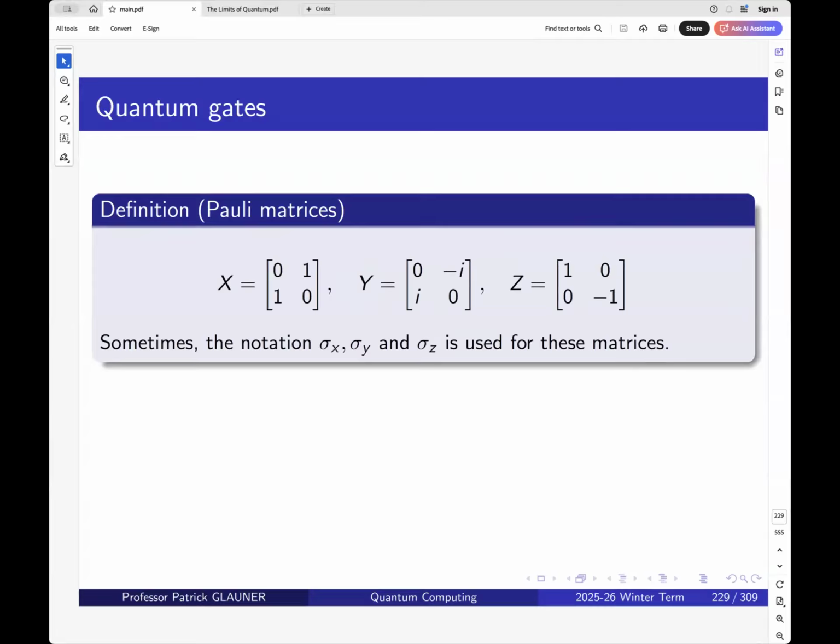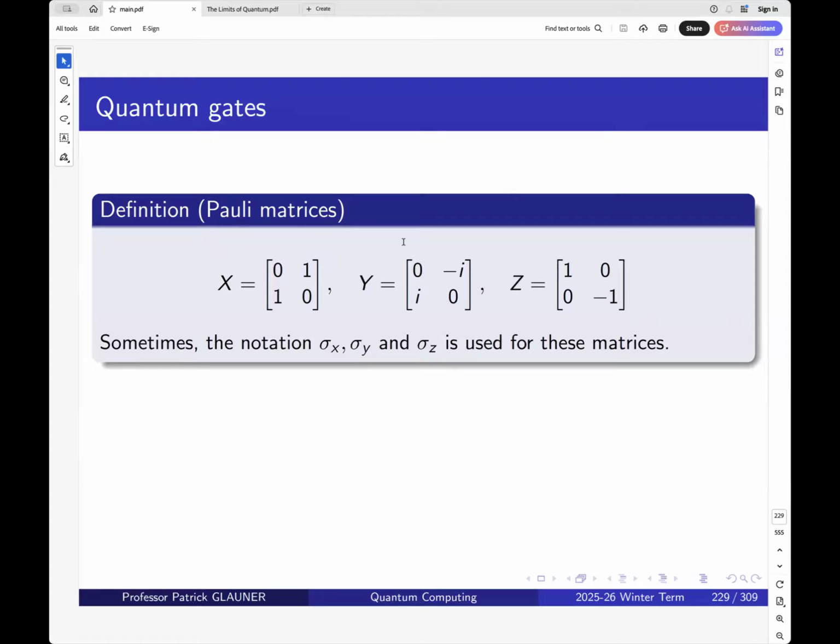You would have an algorithm that is composed of some of these quantum gates, and there are so-called Pauli matrices. One is the X, which we have seen already, which is basically just the NOT gate. And there is a Y and a Z gate or Z matrix.